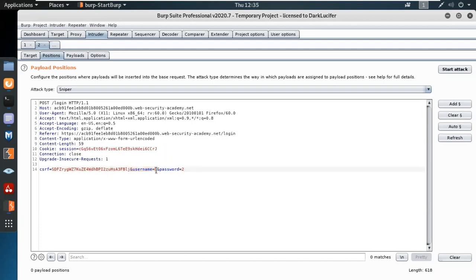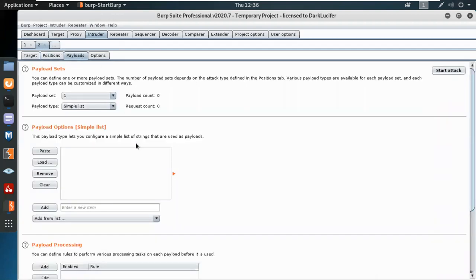I'm going to highlight the first parameter value and do add, because we're going to brute force the username parameter. The attack type I'm going to use is sniper. And in the payload section, we're going to attach our dictionary. So we're gonna upload our dictionary over here.